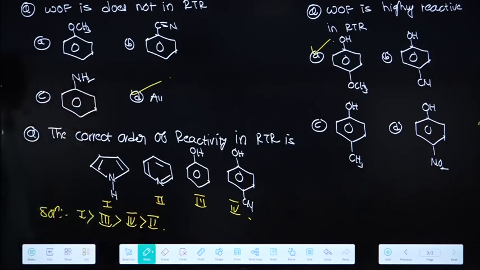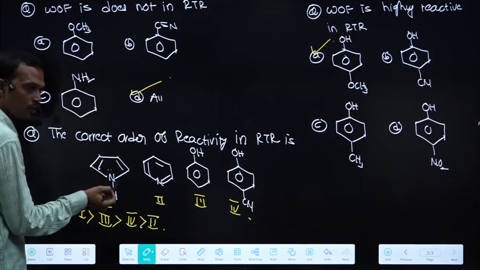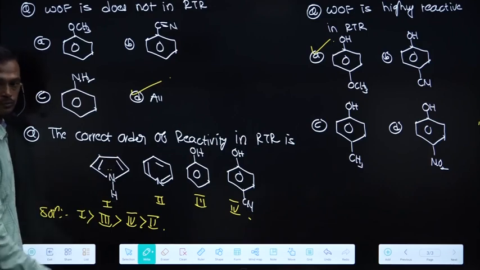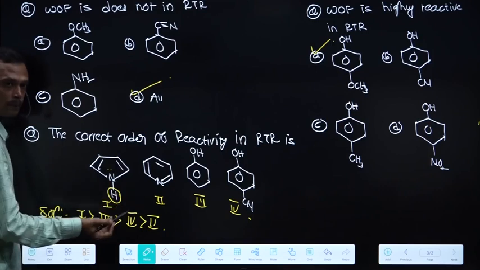Pyridine is highly inert. Okay, so here see, in pyrrole, due to the presence of a lone pair of electrons, the ring is electron rich and the molecule has acidic hydrogen, so it has a tendency to lose a proton and get involved in Reimer-Tiemann.